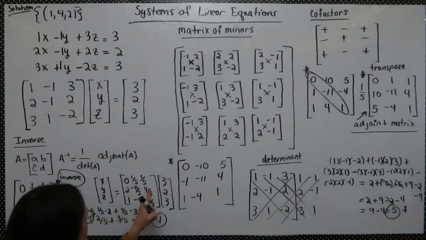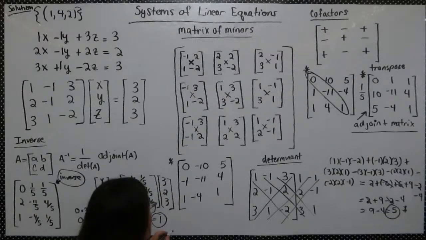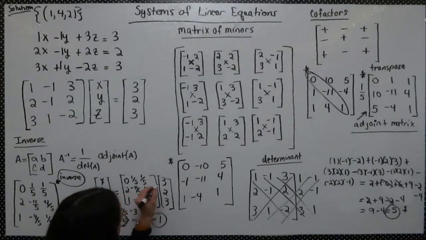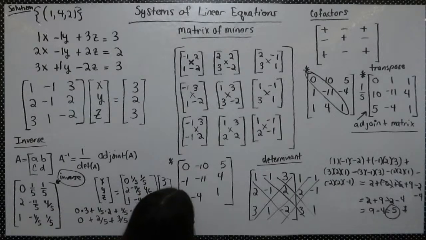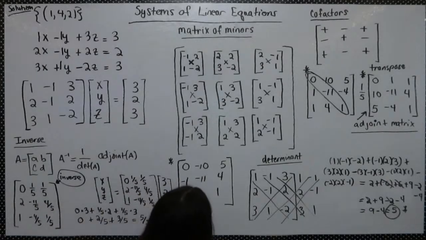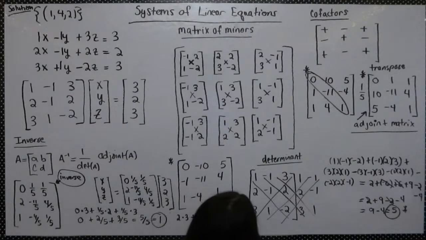To find the second entry, we're going to use the second row and multiply it by the column of constants. It's going to be 2 times 3 plus -11/5 times 2 plus 4/5 times 3.